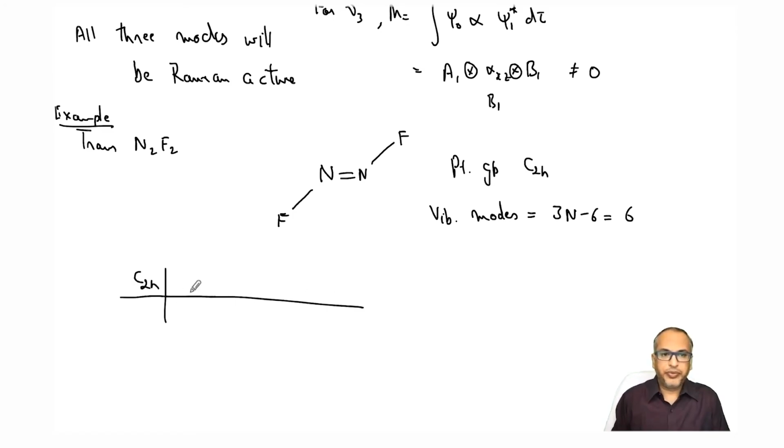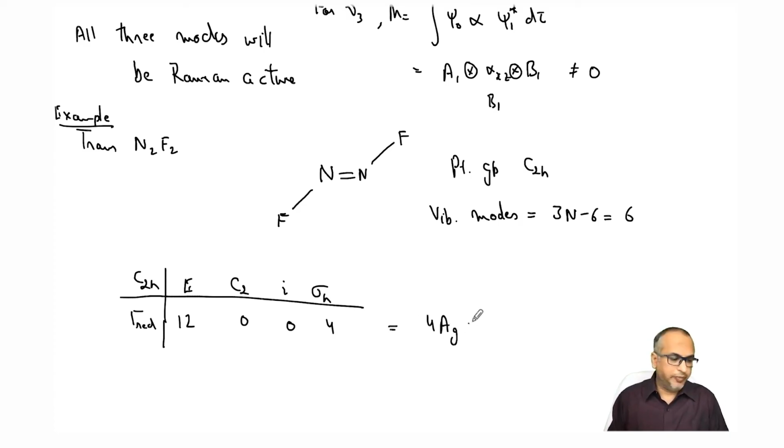C2H. So you have E, C2, i, sigma h. Gamma reducible, I'm directly writing gamma reducible, so that will give you 12, 0, 0, 4, and this will be equal to 4Ag plus 2Bg plus 2Au plus 4Bu.